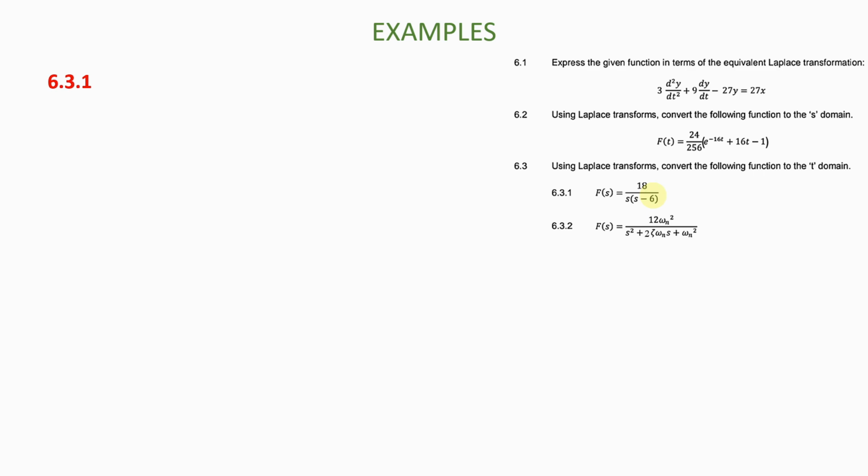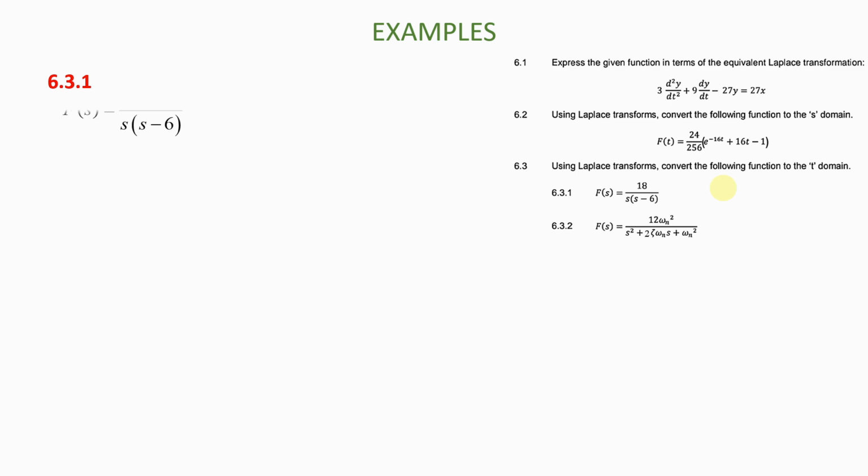You are just going to look at the table and see if you can find a function in the S domain that closely resembles this. And once you have found that function, then you will just read in the table what is the equivalent function in the T domain, and then you will adapt it by, of course, finding what each of the variables stand for, exactly like we just did.